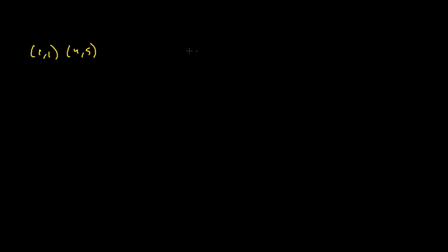And let's rewrite the distance formula over here just so we can all see it. The distance is equal to the square root of x2 minus x1 squared plus y2 minus y1 squared. So now that we know what the distance formula is, it's really just a simple matter of filling in the formula.